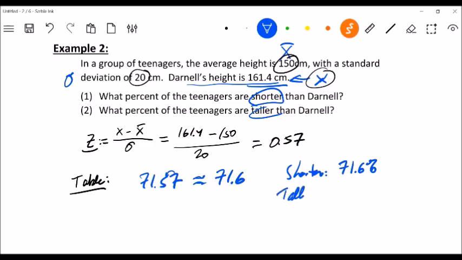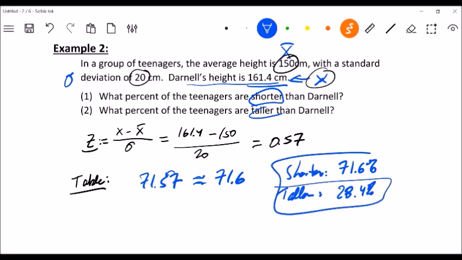And taller would be the opposite. So 100 minus 71.6 would be 28.4. Okay. And so now we know those answers. Shorter than Darnell or taller than Darnell. Oops. Supposed to be an outline.